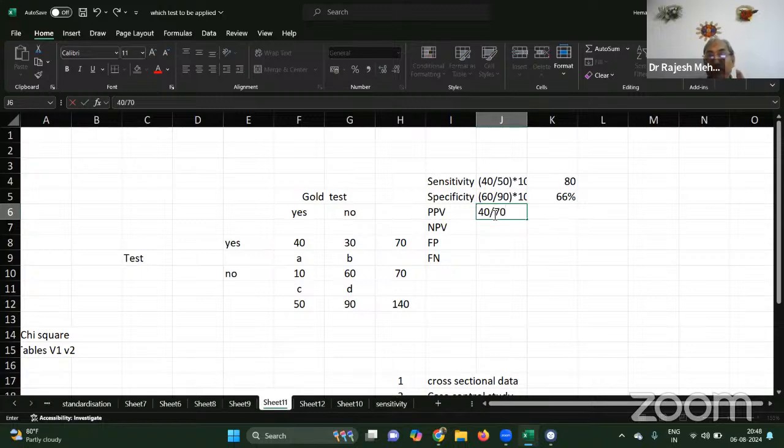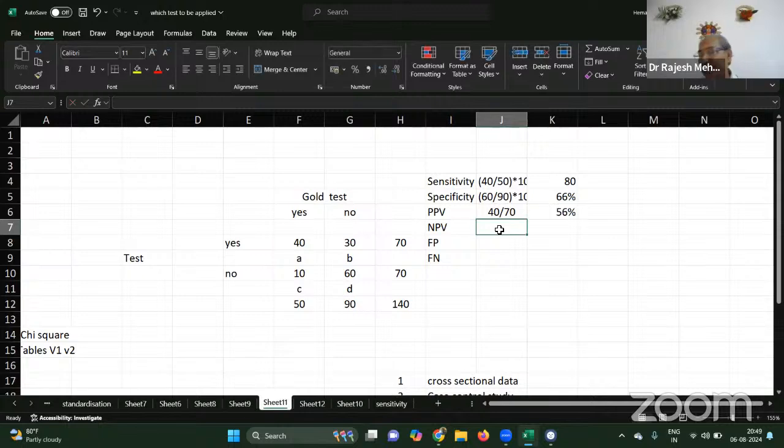If this test says that you have a particular disease, the likelihood that the person really has the disease is 40 out of 70. Multiply by 100, it will be something like 56%. So if this test says 100 people, yes, you have this disease, only 56% will have that disease.